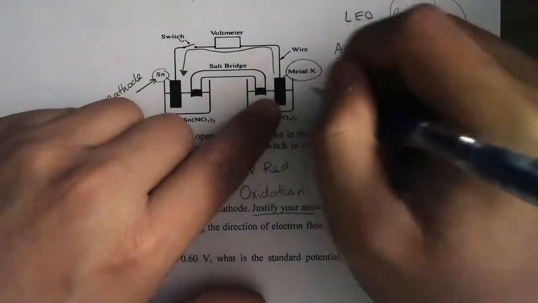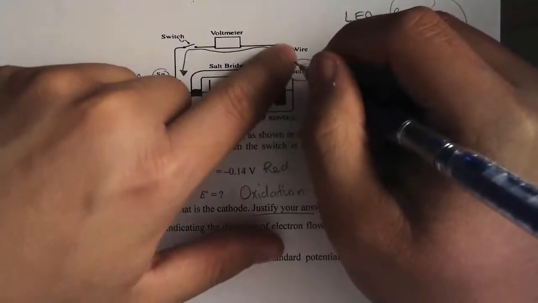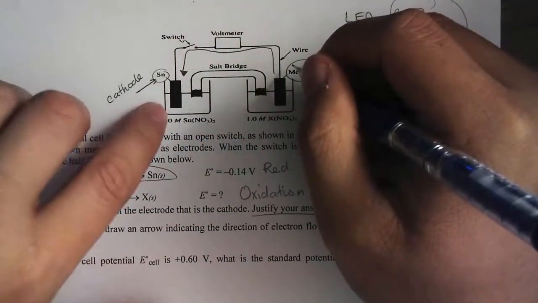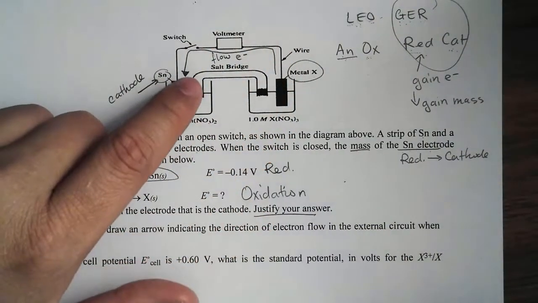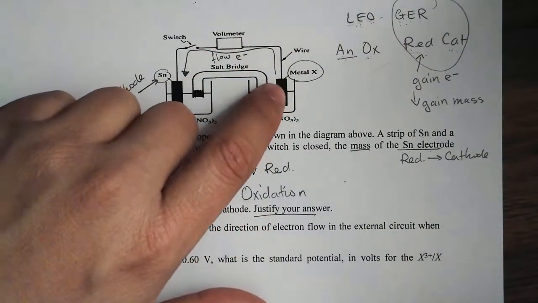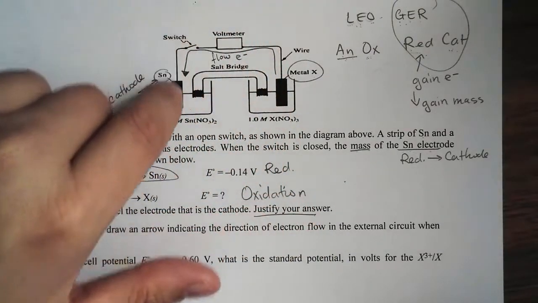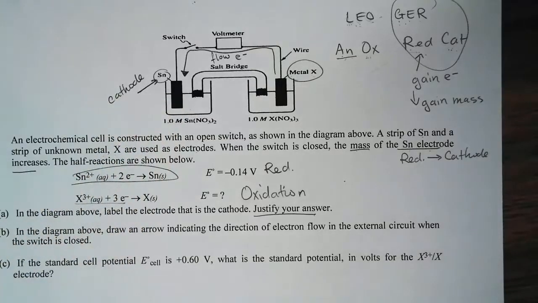Electrons are lost in this electrode right here, and they flow through the wire and end up in the cathode, which is where reduction occurs. So this is the flow of electrons, where the electrons start from where they are lost and continue to where they are gained in the reduction electrode, which is the cathode.